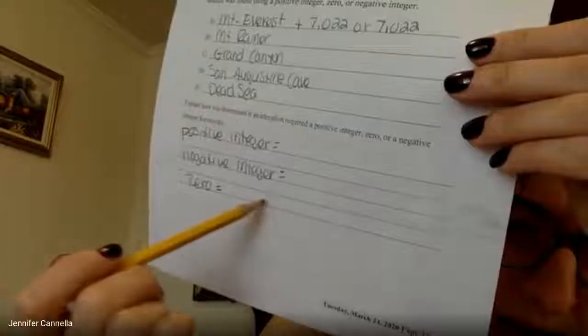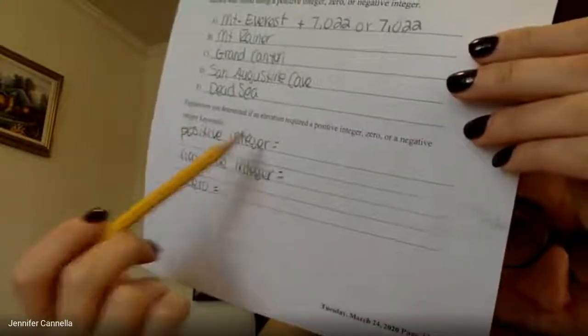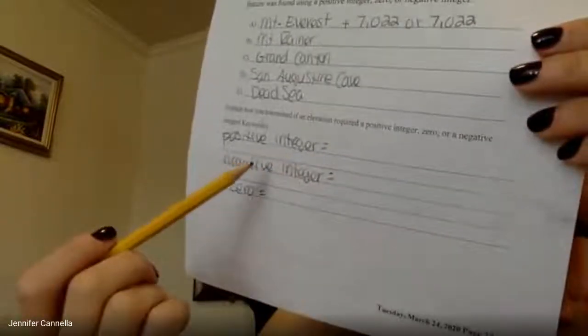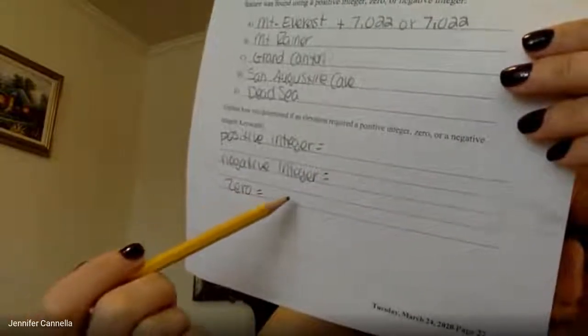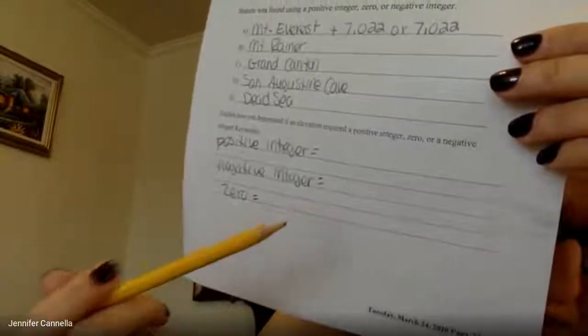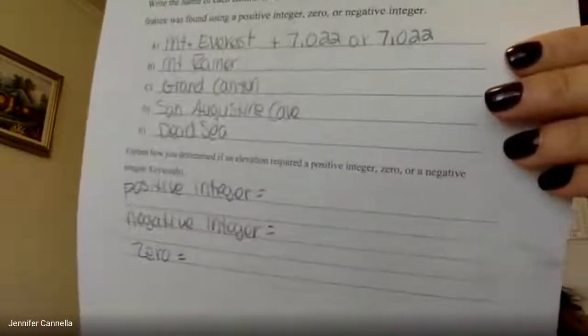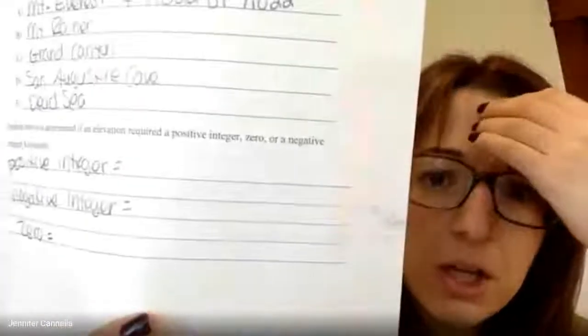At sea level. Good, just put sea level or at sea level. So again, positive integer above sea level, negative integer below sea level, and 0 is at sea level or just sea level. It's the same thing. Questions? Are we good? All right, let's move on to the next page.